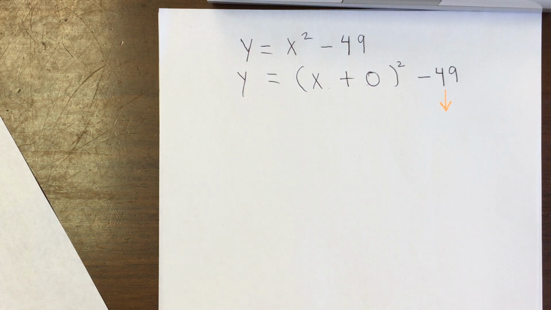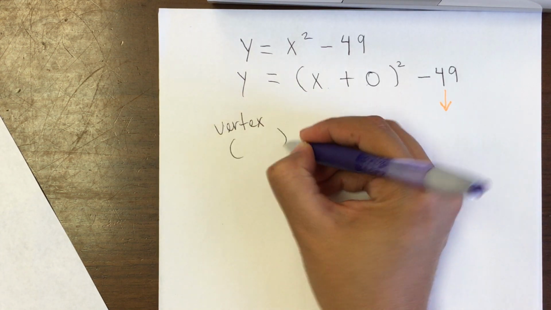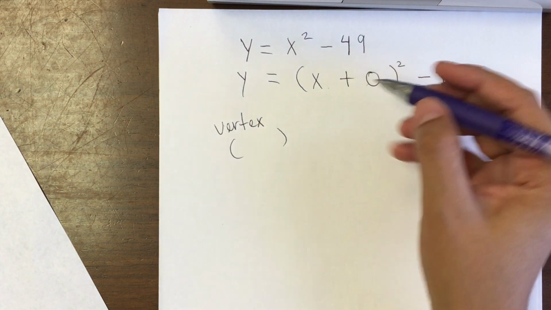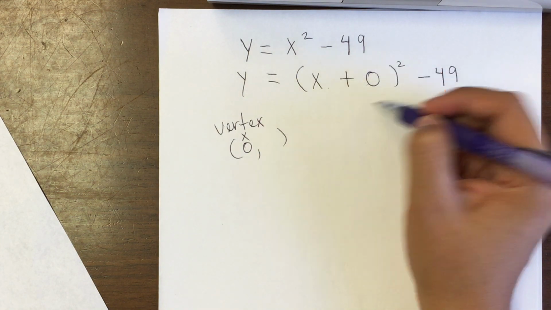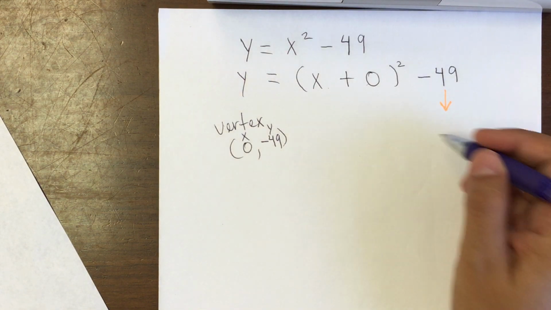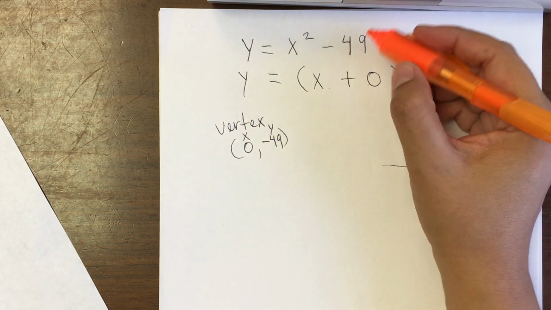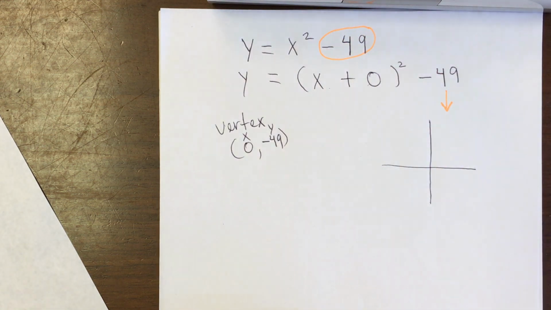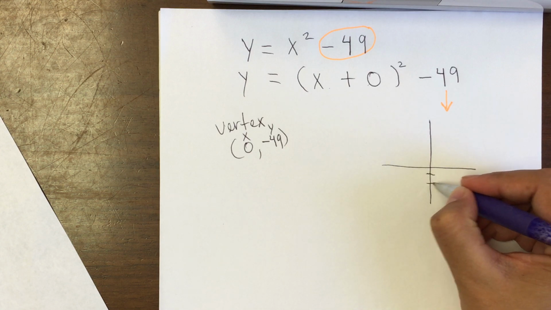And the vertex then is going to be 0, because remember that in here it tells me where to move on x, and then -49 for y. But also, this is my y-intercept, my y-intercept, which is at negative 49.